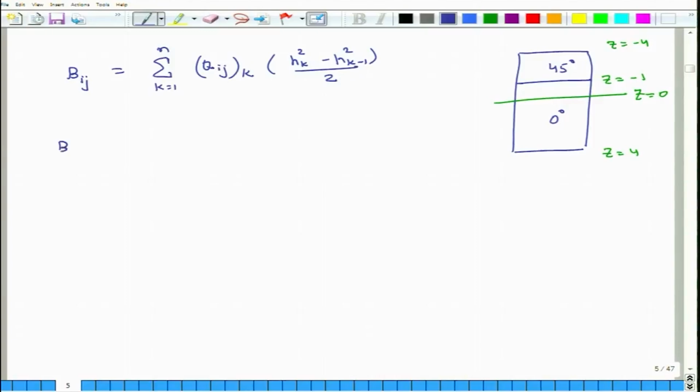So, Bij equals Qij bar for the 45 degree layer times, for the 45 degree layer, Hk minus Hk minus 1.